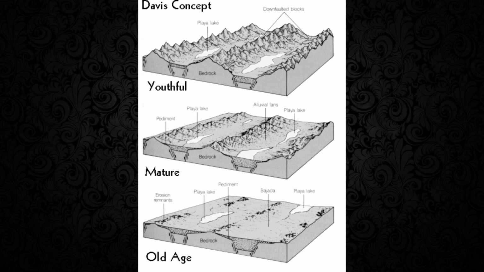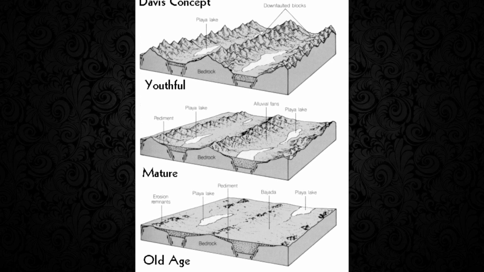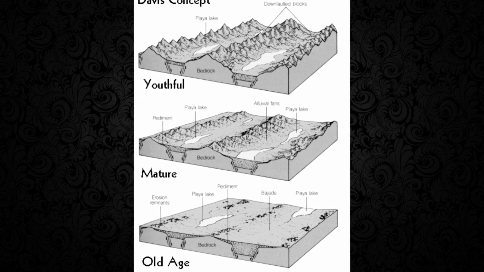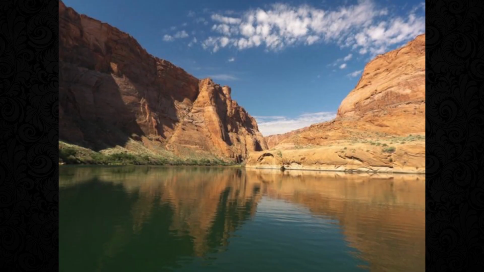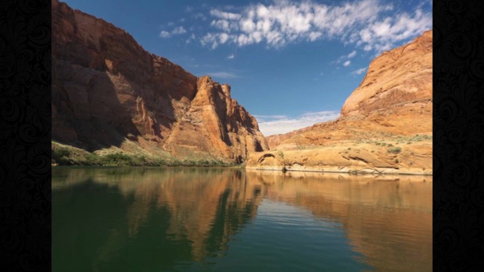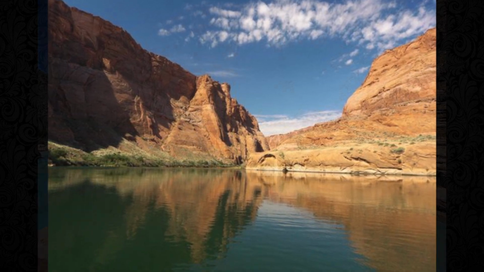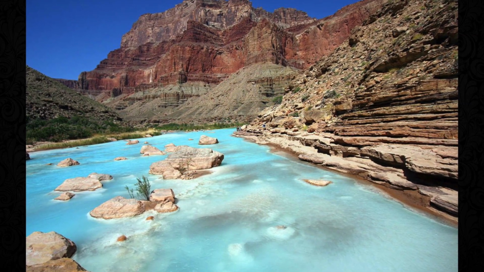The landscape which passes through all these three stages is called monocyclic landforms. The completion of one cycle of erosion requires crustal stability, which is rarely attained. That means monocyclic landforms are not very common in nature.